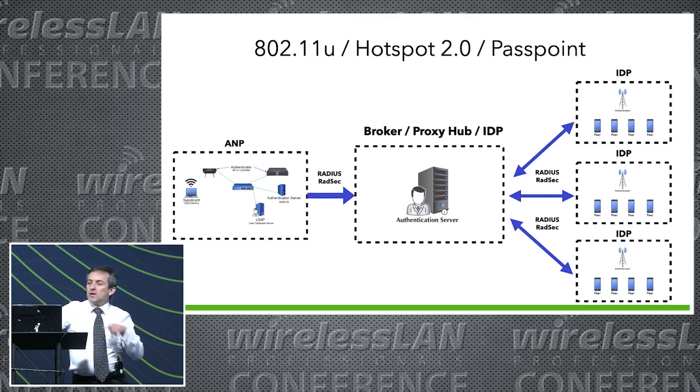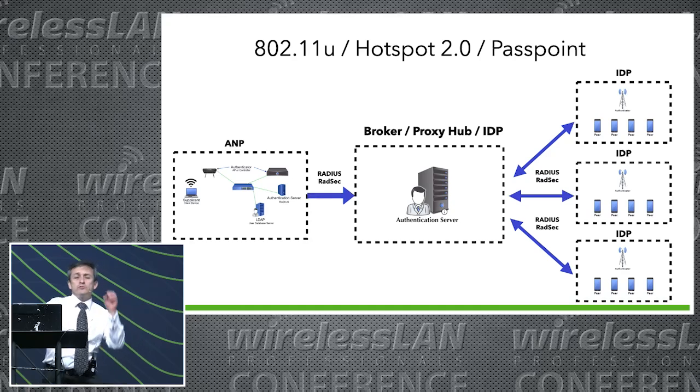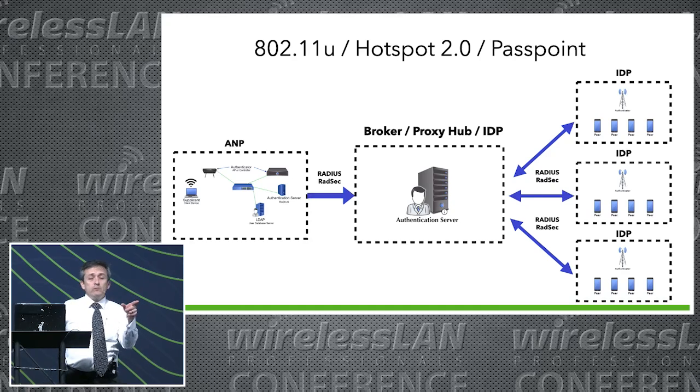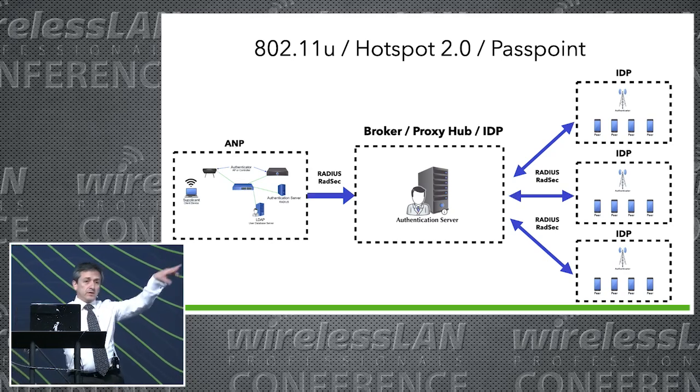So that's when brokers or proxy hubs like American Bandwidth come into play, that they go through the hassle of dealing with all those big boys out there and come into an agreement, say, hey, let's establish a relationship, and then we establish a relationship with American Bandwidth, and then they will take care of authenticating against the IDPs.